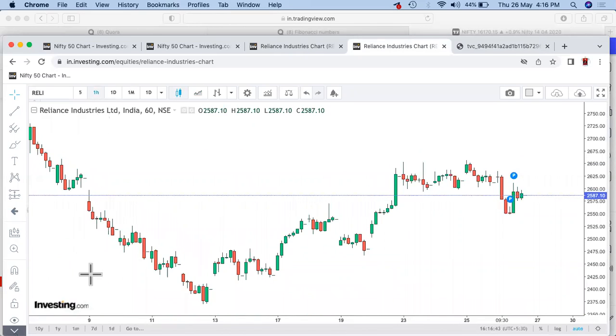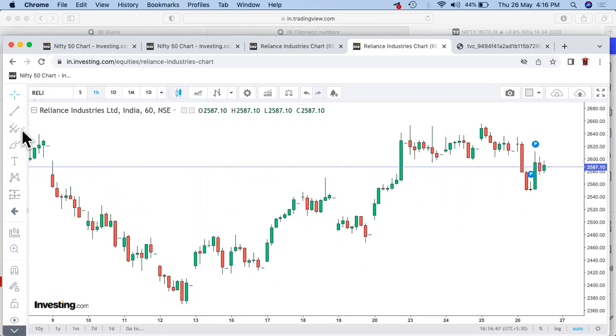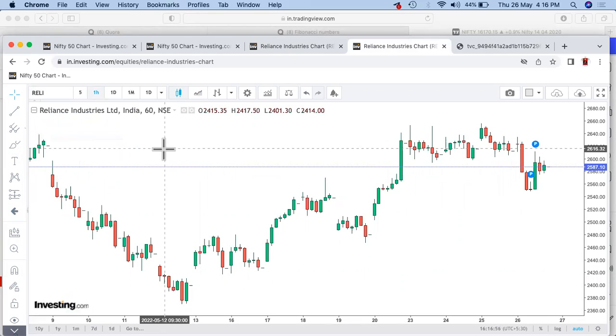I'll remove this volume also, not required. So this is in investing. I've taken this example because we can cover TradingView as well as investing. So in investing, again, I do the same thing.